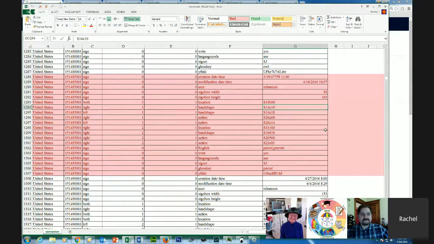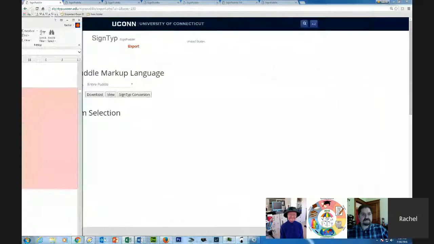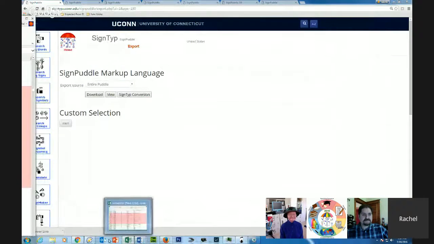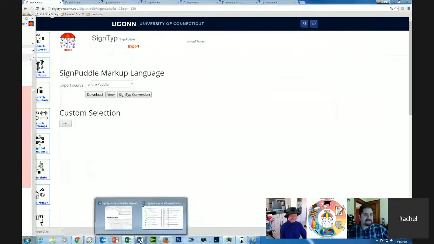But the things that make it wonderful mean that it's not so good for research because it's compact. There's a lot of information in each symbol. So especially in those handshape symbols, that handshape symbol actually translates, and hopefully I can give you this. I hope I can provide this. Let's see. Here we go.